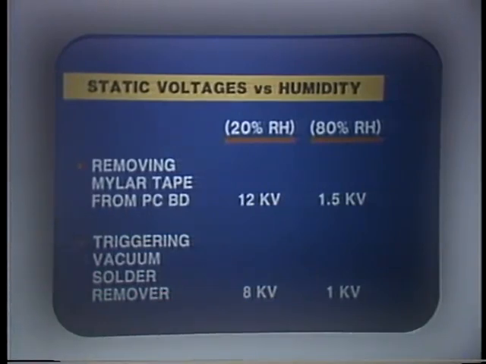The problem with humidity is that it reduces the static zaps below your level of feeling, which is 3,000 or 4,000 volts, not below the level of damage for components. We don't feel those zaps, but the components do.